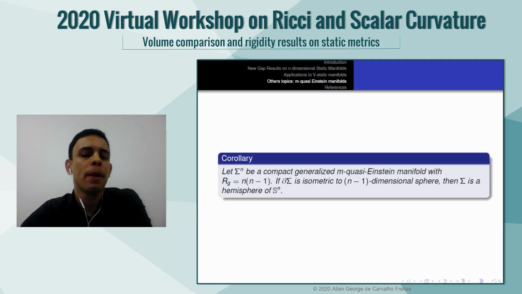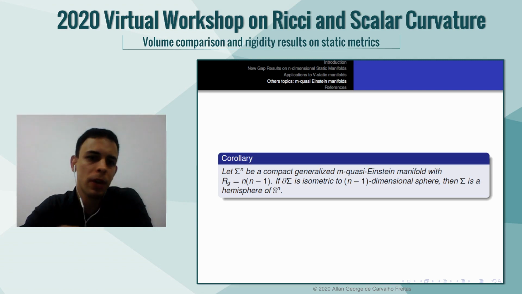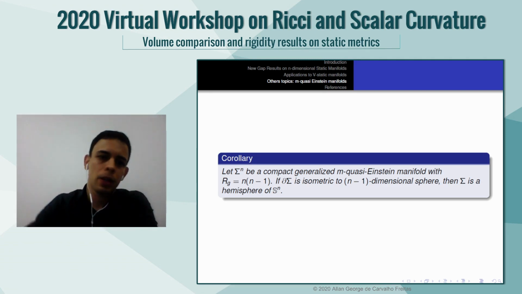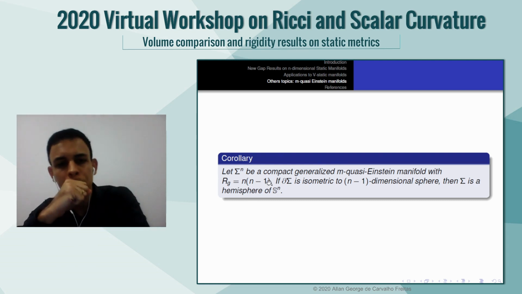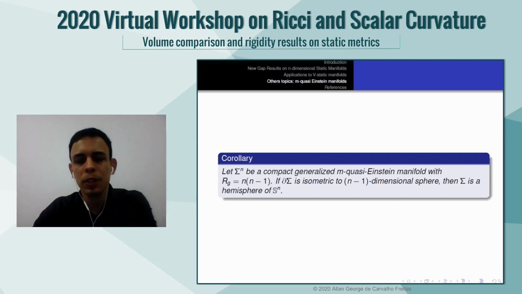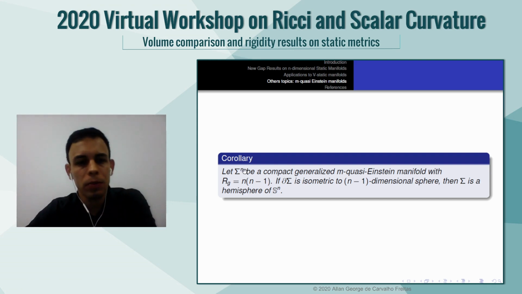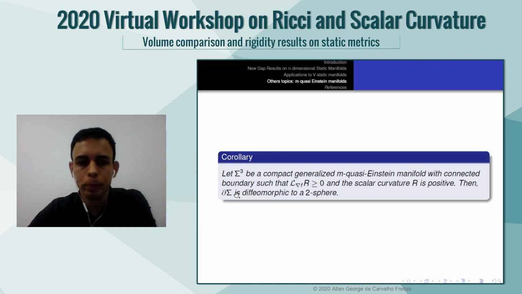Okay, and this is an important rigidity result, because if you have a compact generalized m-quasi-Einstein manifold with normalized curvature constant equal to n plus m minus 1, if you consider that the boundary is isometric to the n minus 1 dimensional sphere, then the whole manifold is a hemisphere of S^n. Okay.